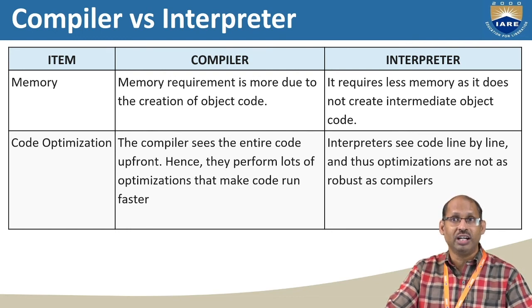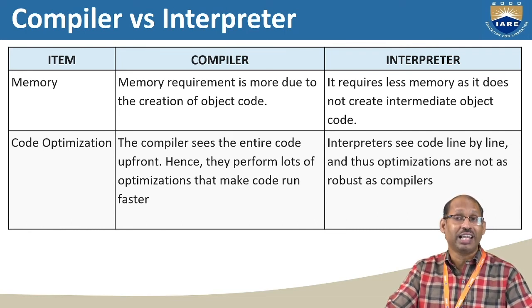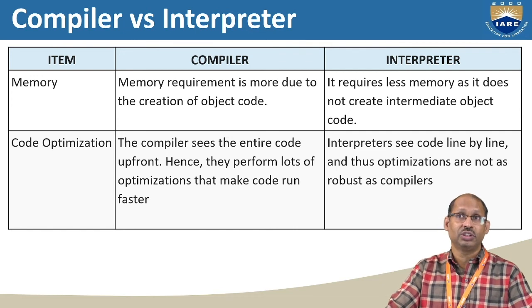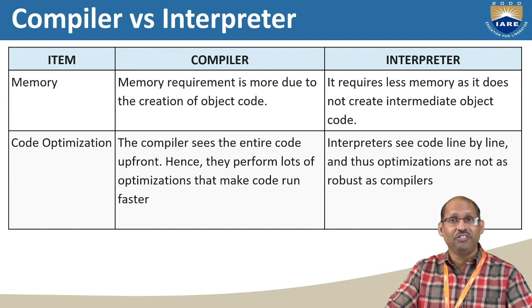So it can use the previous statements so that it can perform different types of optimizations such that the resultant object code will be less in size, efficient and faster. Right? So we can apply the code optimizations on the compilers. But the interpreter will read line by line.